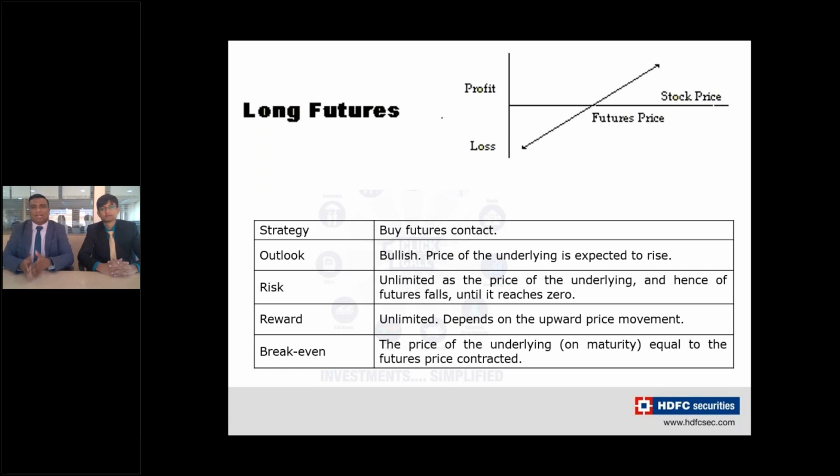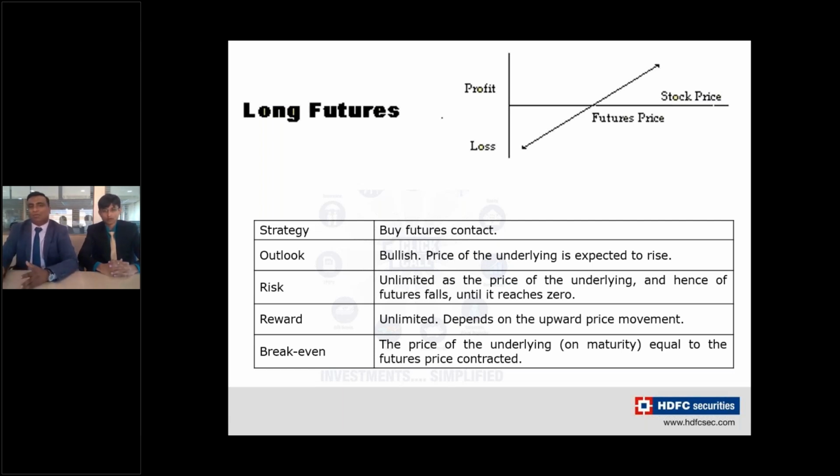Suppose I'm bullish on Reliance. Instead of buying in the cash market, I will go and buy Reliance futures. The benefit is that as Reliance prices go up, I will benefit from the rise in the stock price. But what is the risk involved? The risk is if prices go down, I'll have to bear the risk of prices falling.